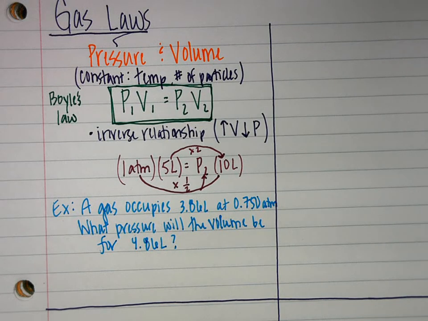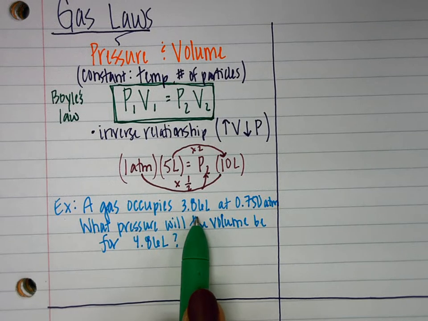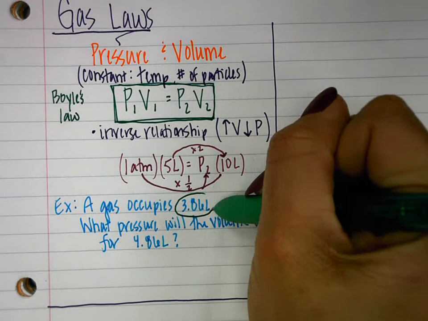All right, so when you do this, it just depends on how you like to do it. Due to space, when you are reading these problems, I want you to circle and identify what's being given to you, okay? So if we look at our problem, a gas occupies 3.86 liters, right? Liters is our unit, so you should be able to look at that and say, that's a volume.